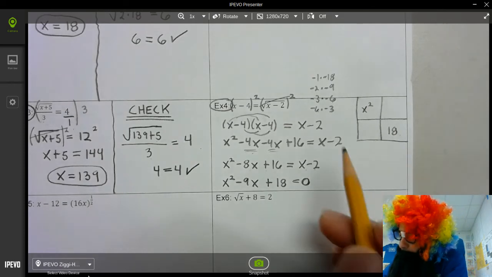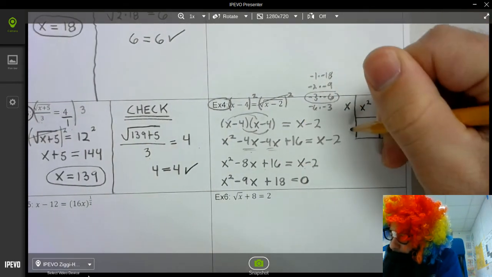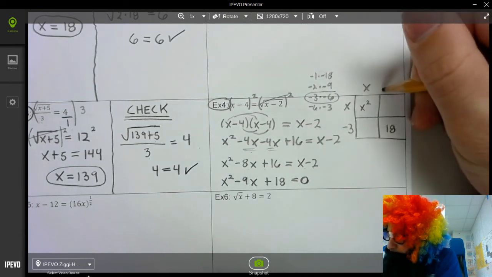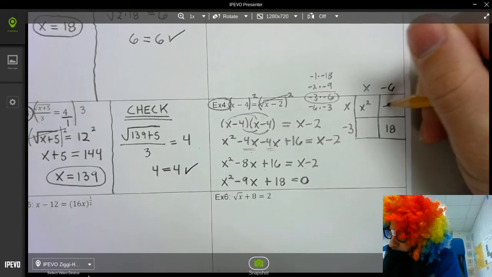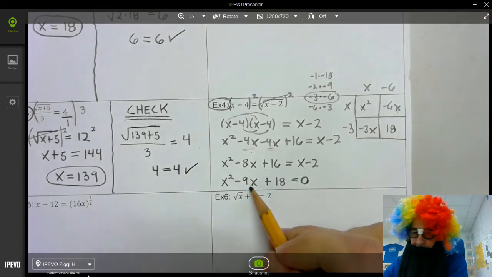So we know that these two combine to be negative 9, so we know we have x minus 3, x minus 6, which let's check. Yes, that in fact gives you negative 9.